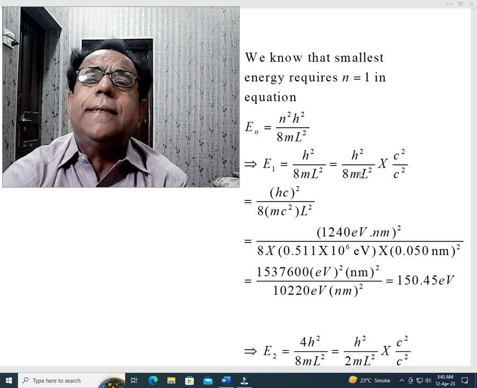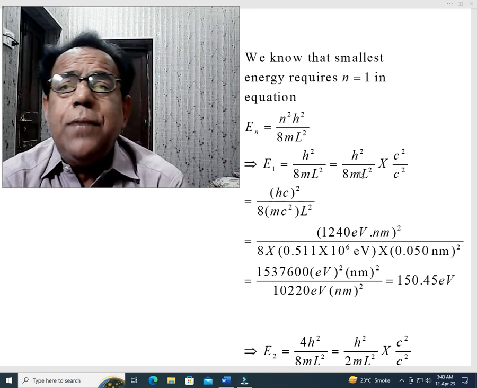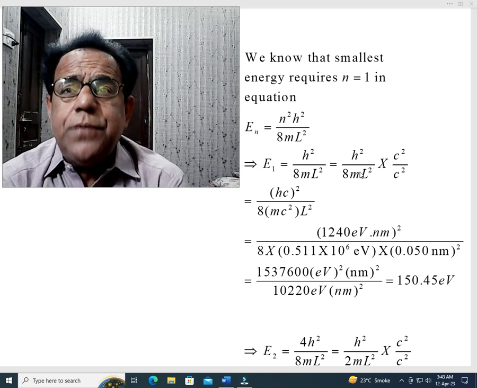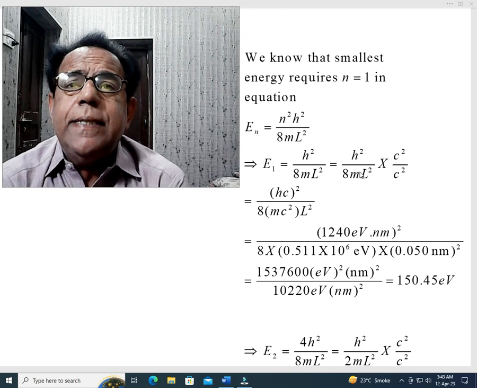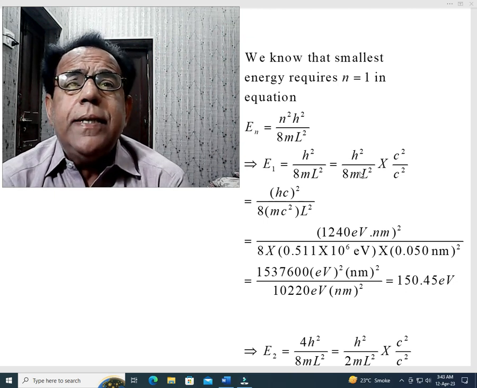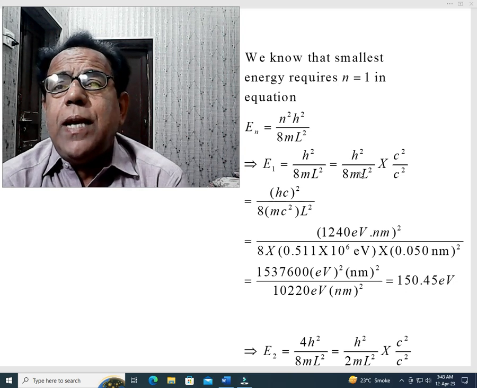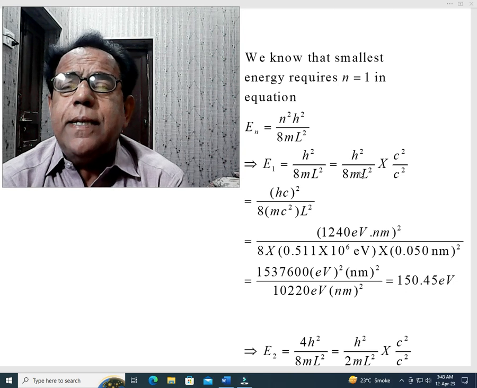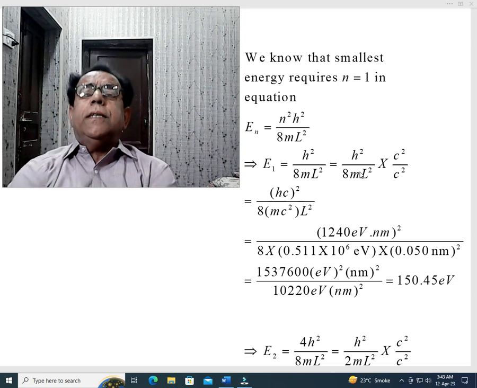In the next step, we have made an arrangement which will facilitate us in reaching our desired solution. What arrangement? We have actually multiplied and divided it with c square. We can do this.